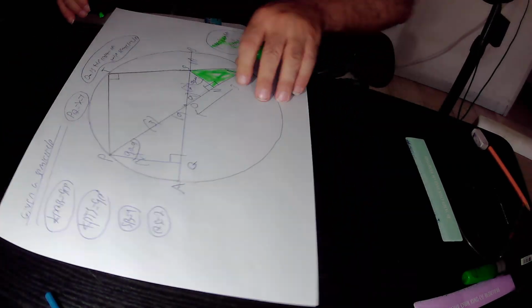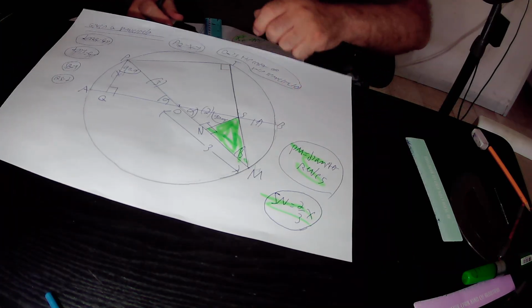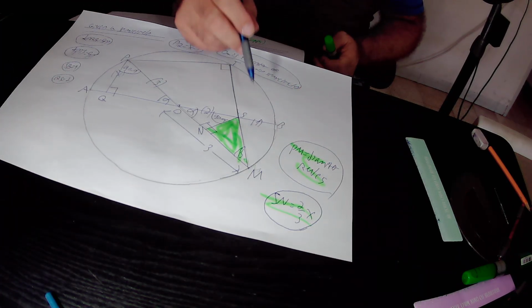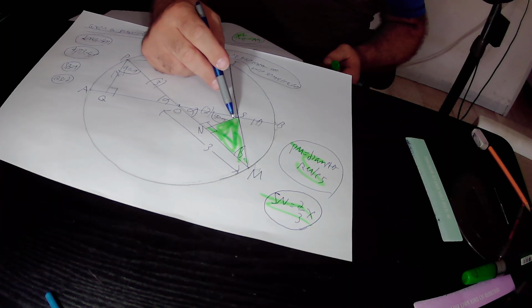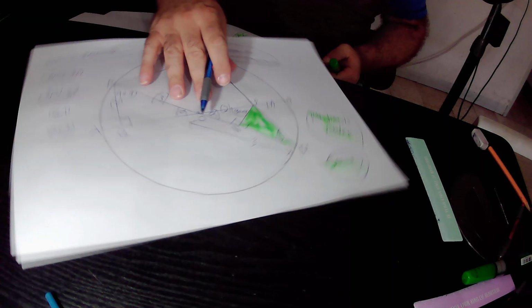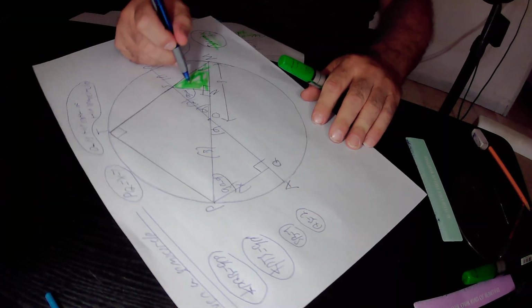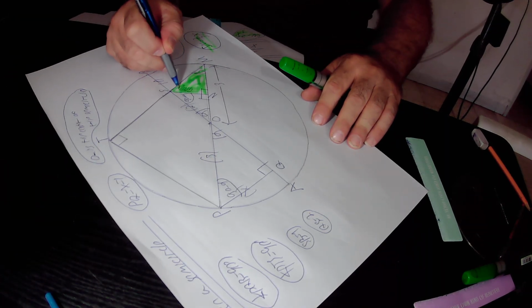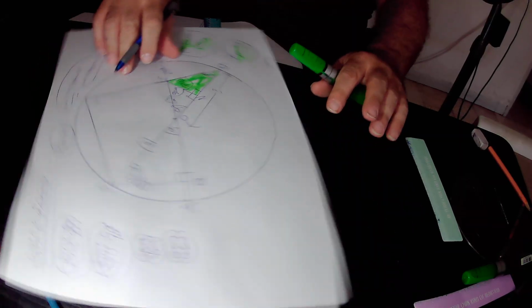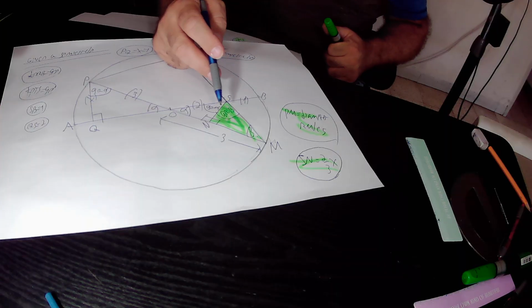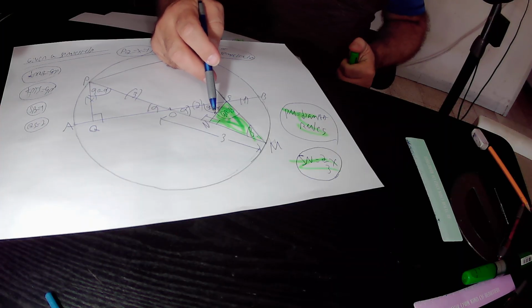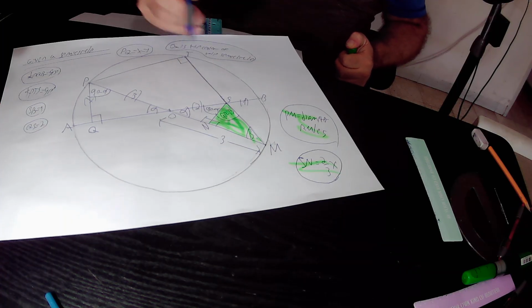In this right small green triangle SNM, this angle equals beta, this angle equals 90 degrees, and therefore this first missing angle must be equal to 90 degrees minus beta. Why? Because 90 degrees minus beta plus beta is 90 degrees, and 90 degrees plus 90 degrees is equal to 180 degrees. That is the sum of the angles in any triangle.